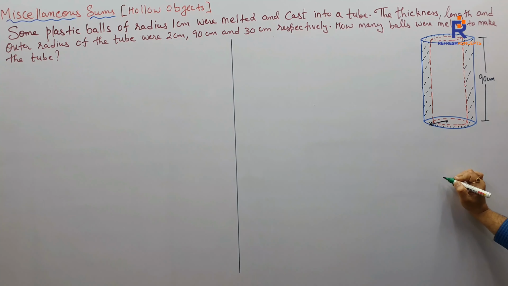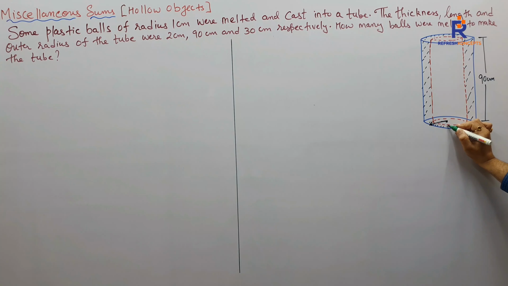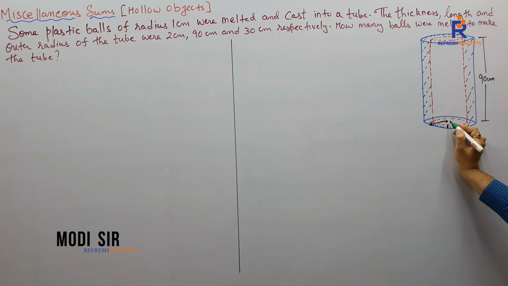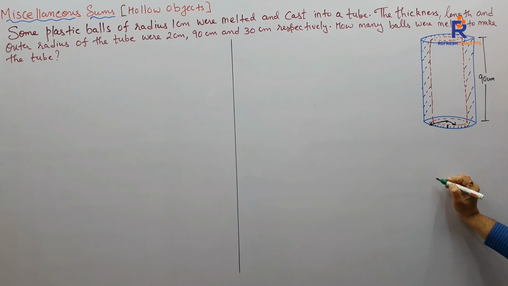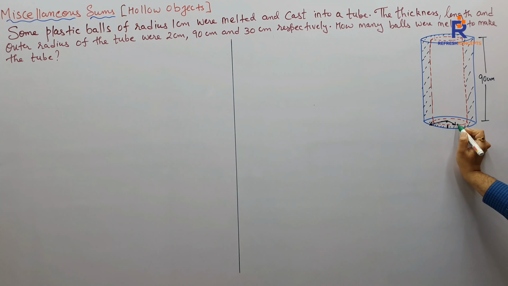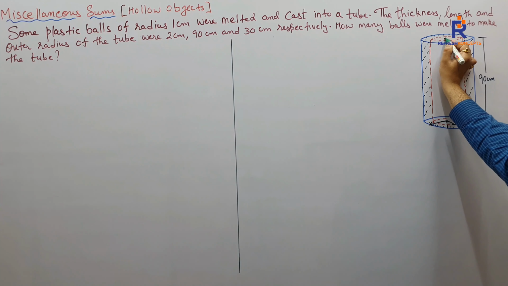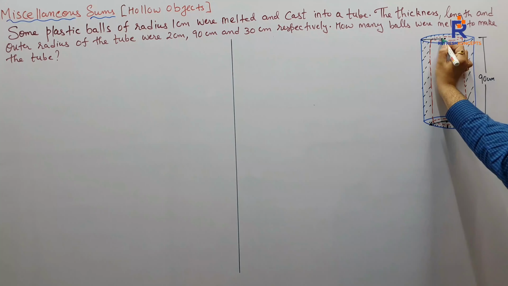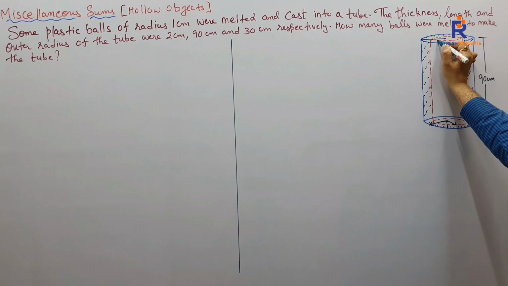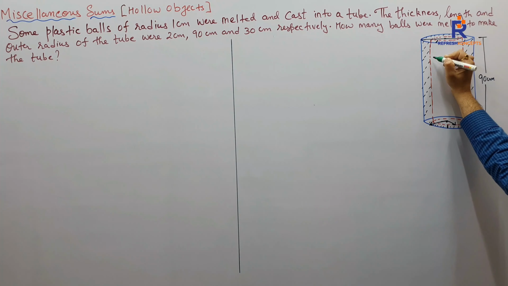The outer radius. Thickness, it is this portion they are talking about, 2 centimeter. What shall be the inner radius? This is outer, this is inner and this is thickness. Even if you want to understand here, this is your outer radius, this is your thickness and this is your inner radius. Right?